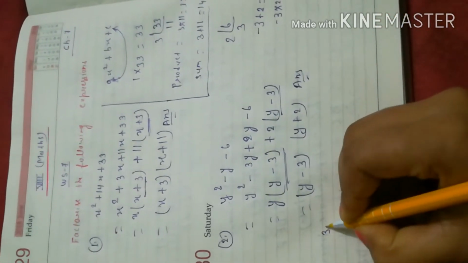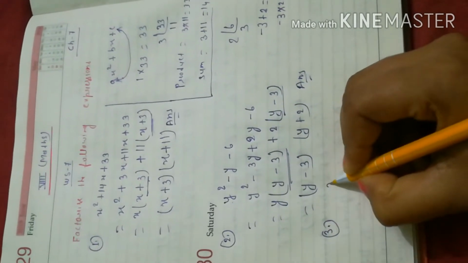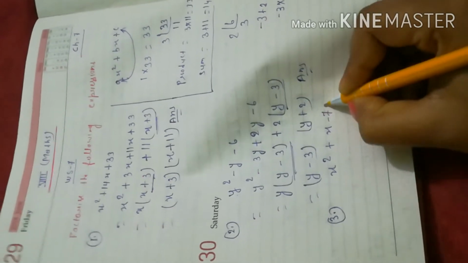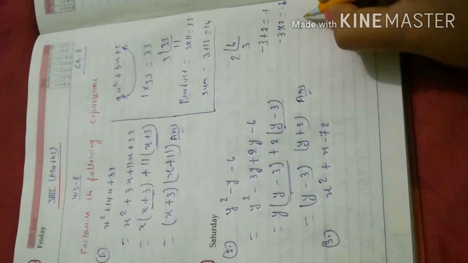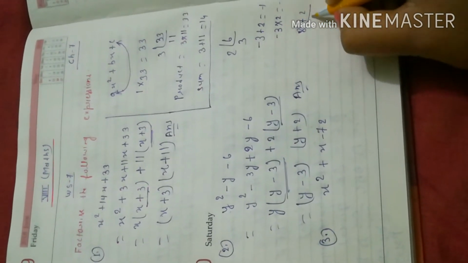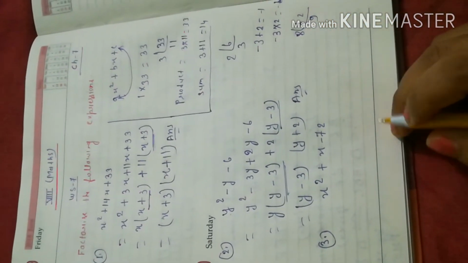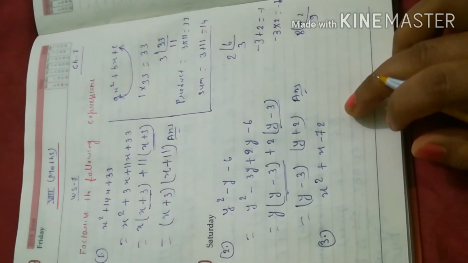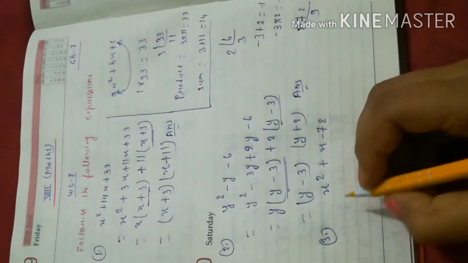Now we will do question number 3. Our question number 3 is x square plus x minus 72. We can write 72 as 8 nines. If we add minus 8 plus 9, then we get x.